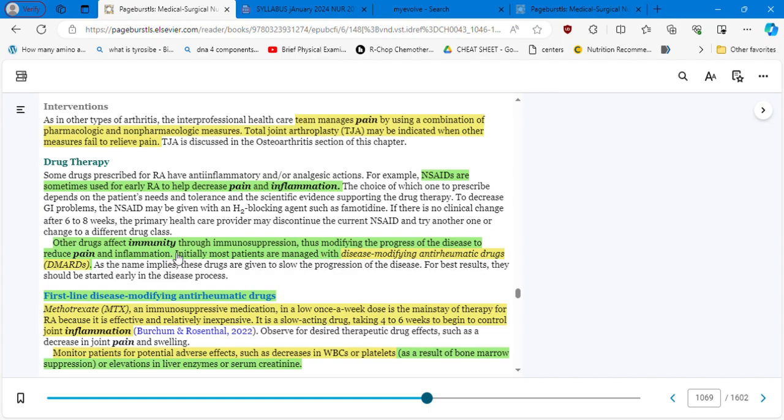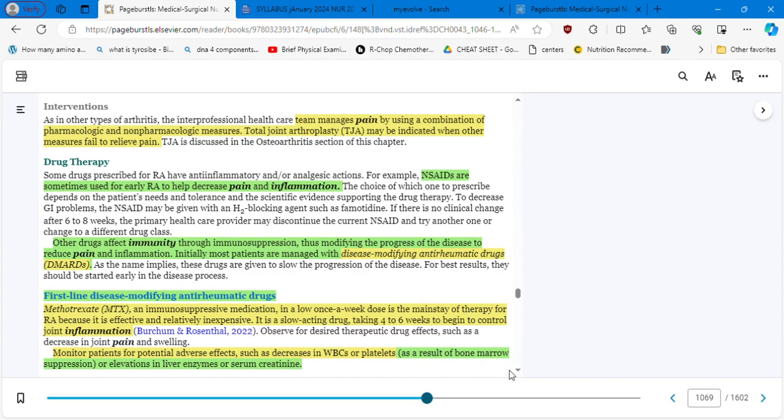So remember, we need to control those crazy soldiers, you know, the CD4, the T cells, the interleukin, the tumor necrosis factor. We need to control them. They need to behave. Initially, most patients are managed with disease-modifying anti-rheumatic drugs, the DMARDs.